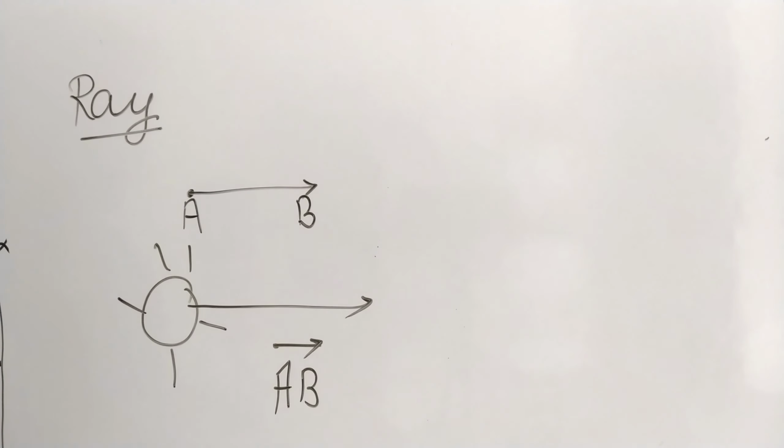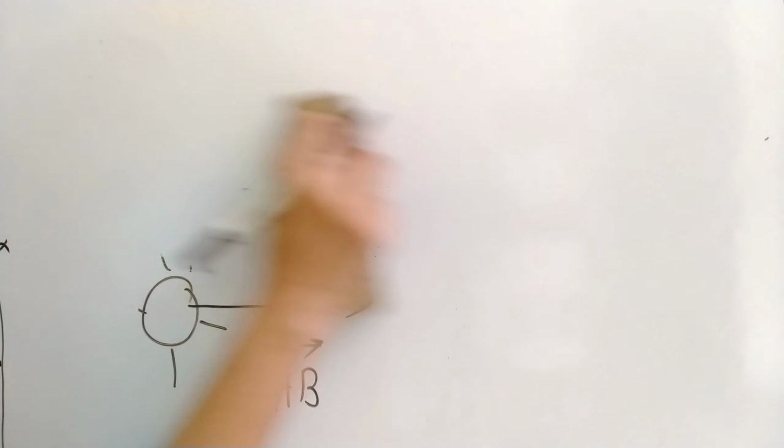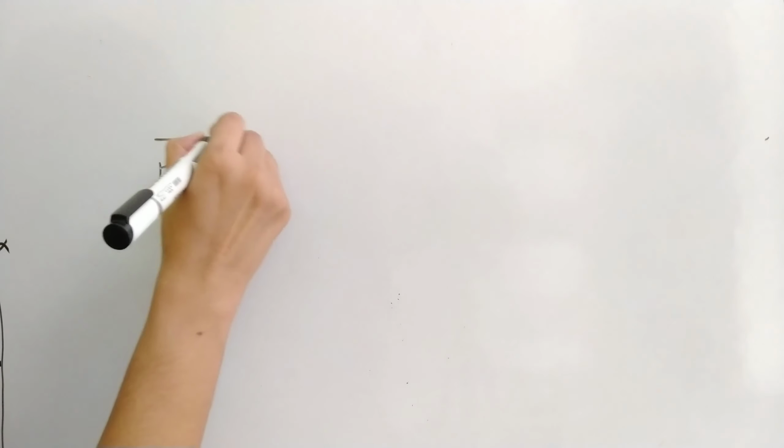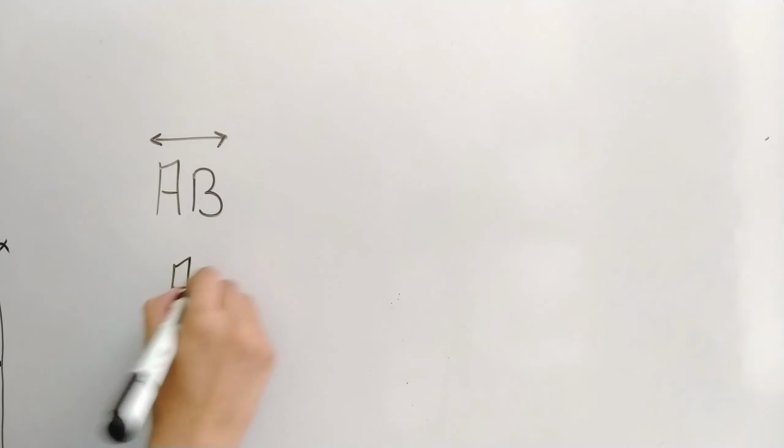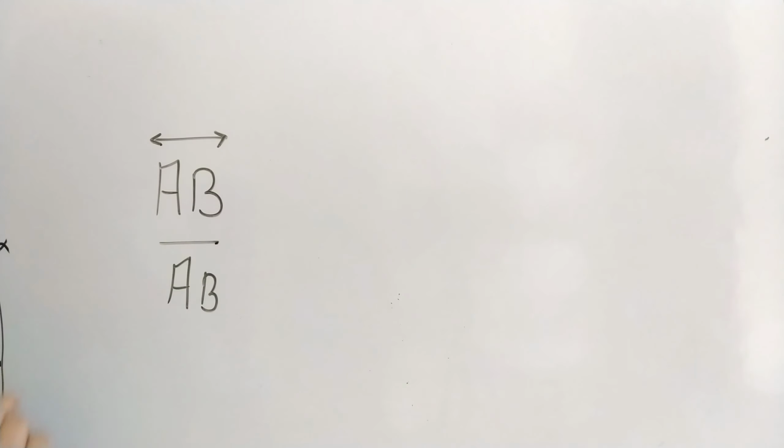I'll quickly tell you how you can differentiate with the help of two points whether it is a line segment or a ray. If you have to write down a line, you have to provide arrows in both directions. If you have to write down a line segment, you leave a straight line. If you have to indicate a ray, you mark an arrow in one particular direction.